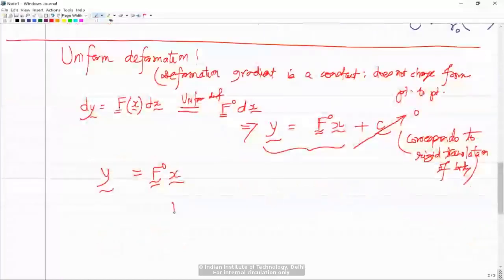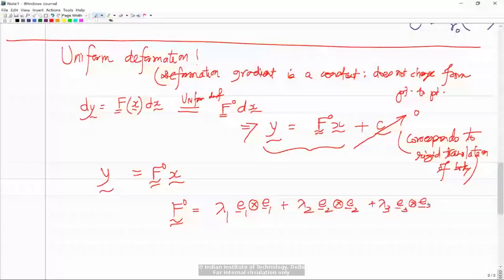So say f naught as a tensor is given by this formula: lambda 1 e1 tensor product e1 plus lambda 2 e2 tensor product e2 plus lambda 3 e3 tensor product e3, for lambda 1, lambda 2, lambda 3 some constants.